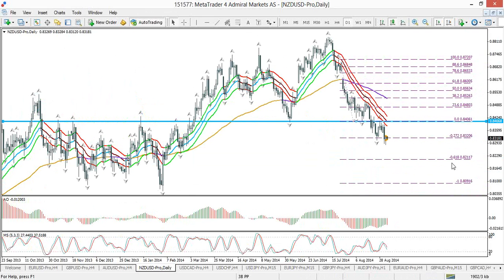conservative target probably 82-ish. Although we have 82.44 as a bottom here.